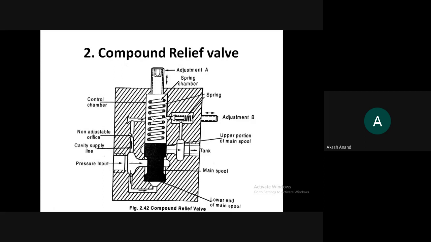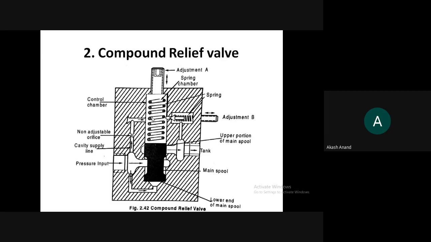In the compound relief valve, a main spool is provided and is held with the help of a spring, so the passage from the pressure input port to the tank is blocked. With the help of this main spool, the passage of fluid flow is blocked. Then the input pressure is directed to the bottom and top of the spool.